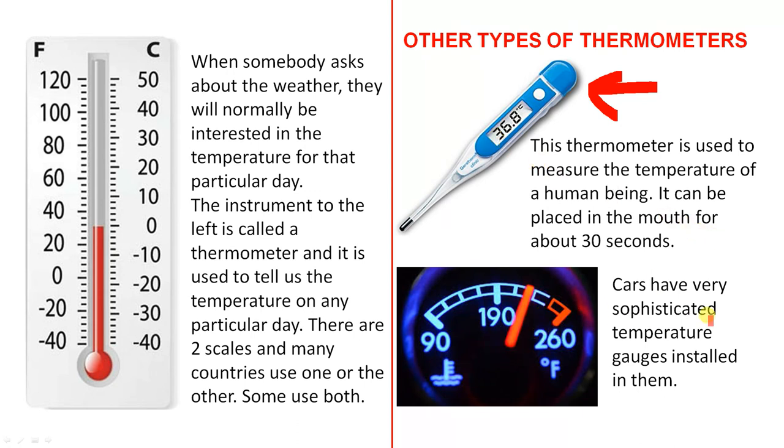This one here, cars have very sophisticated temperature gauges installed in them. So we definitely need to know the temperature of the engine or the motor of a car to make sure that it's running well, that it's not too hot or not too cold. If the engine is too hot and it stays like that for a great period of time, it could be very dangerous, and it could ruin the motor.